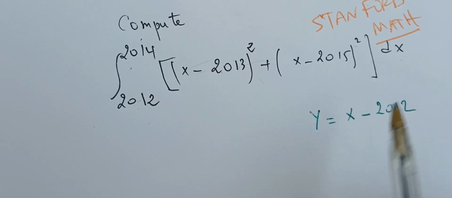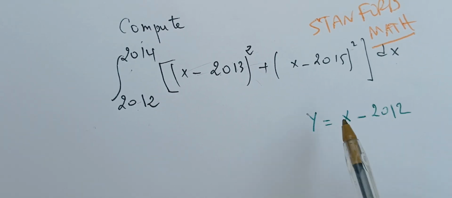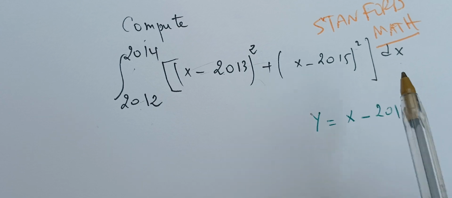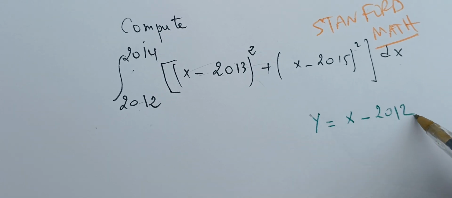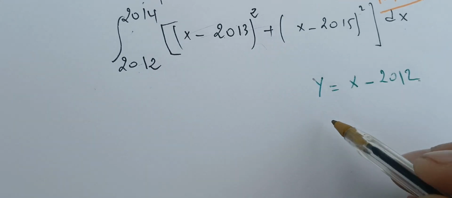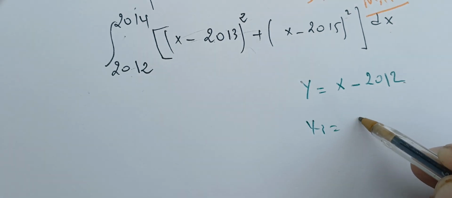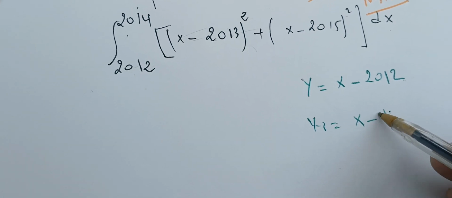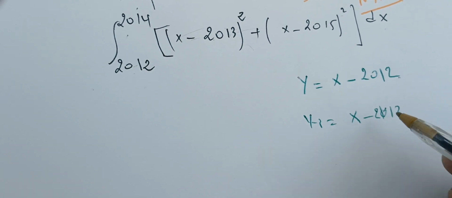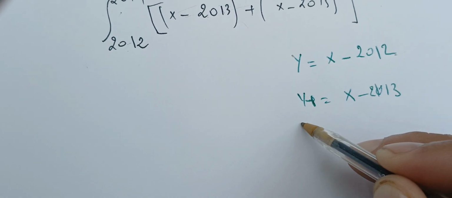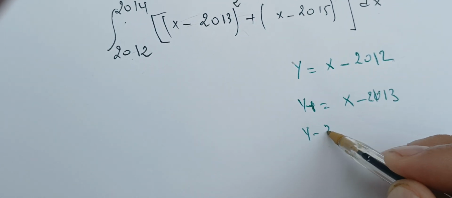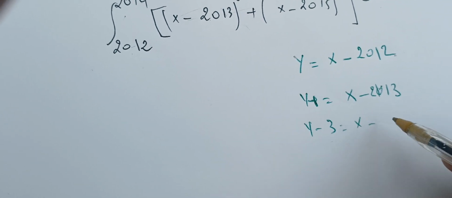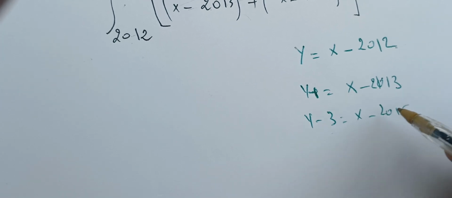So, x minus 2012 is like subtracting minus 1 from both sides. We're going to have y minus 1 is x minus 2013, and y minus 3 is x minus 2015.